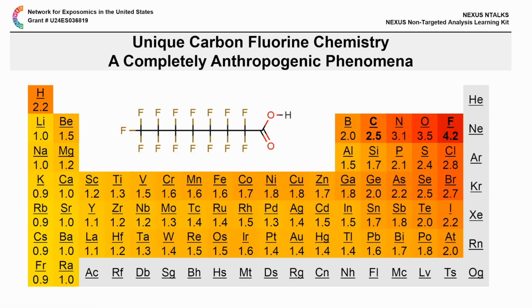And therefore, this gives PFAS the very strong property of not breaking down easily. You cannot break them down with normal amounts of heat or pressure. Most enzymes cannot break them down. And so they're extremely stable.